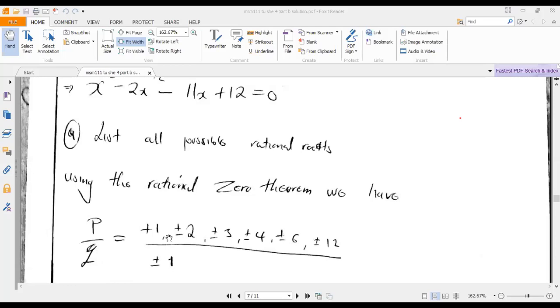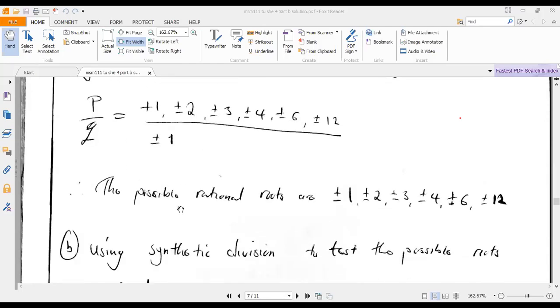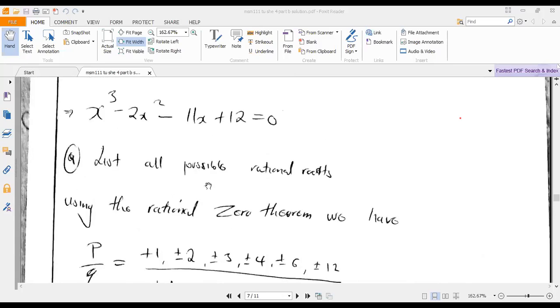What's the factor of 1? It's the same thing, 1. So you just put plus or minus to everything. Here you have reached all possible rational roots of this function. Are we together?